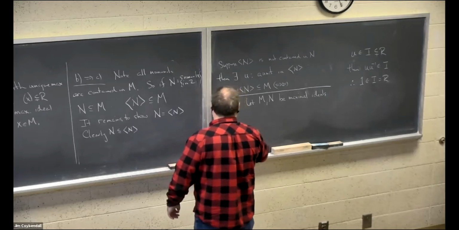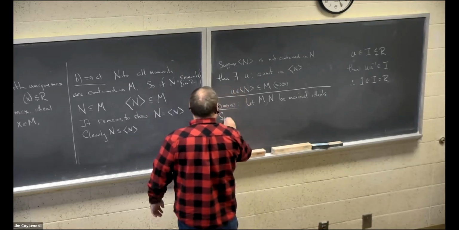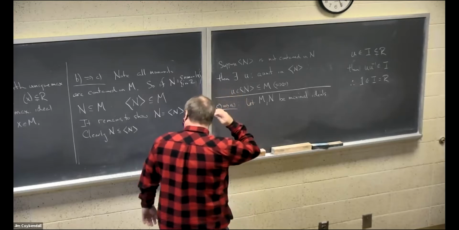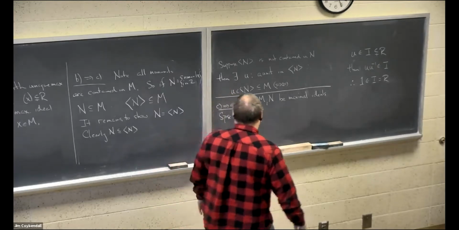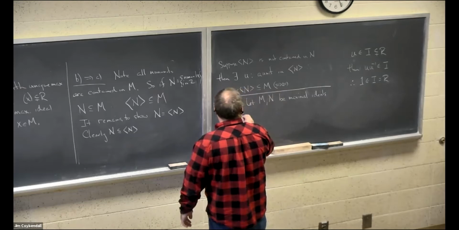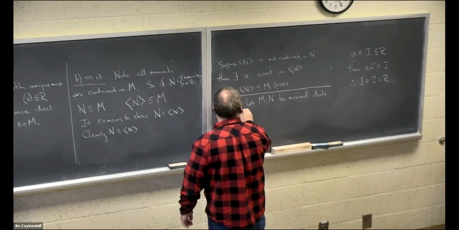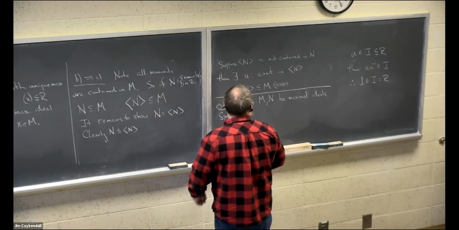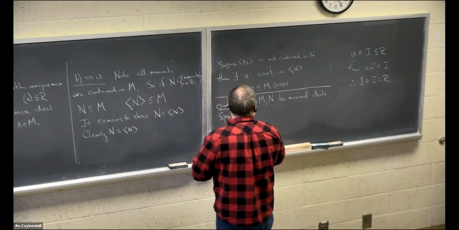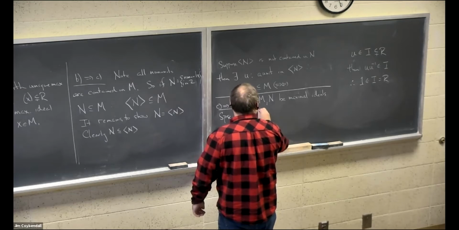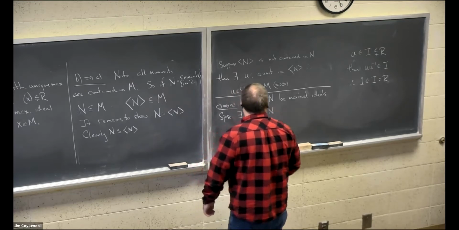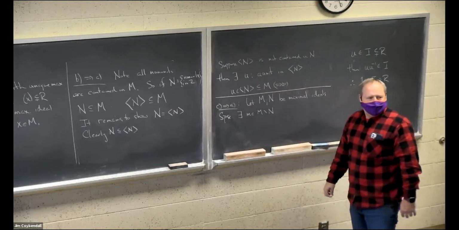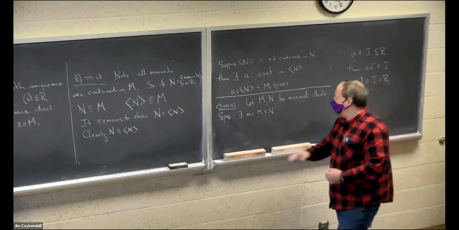Suppose there exists m in M, but not in N. Let's suppose there exists such a thing.